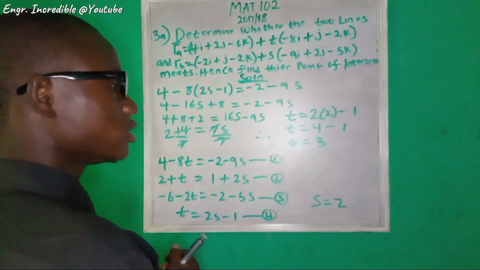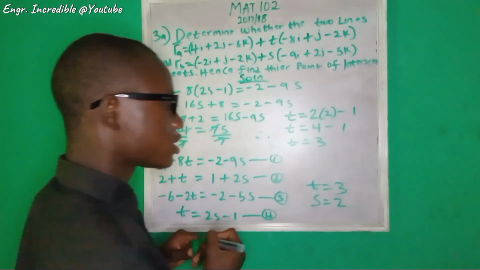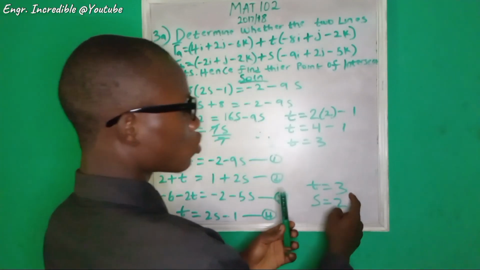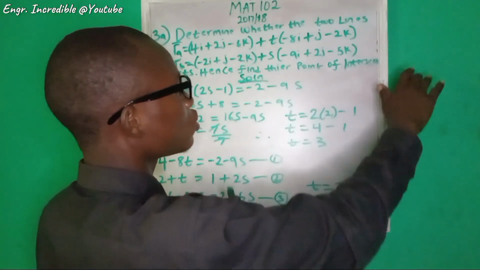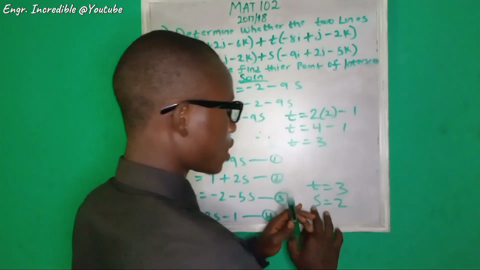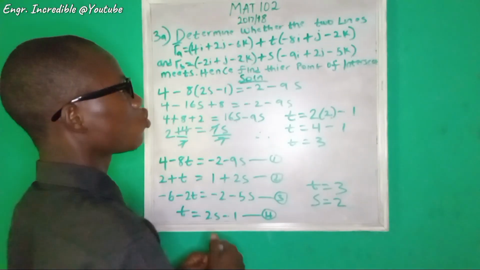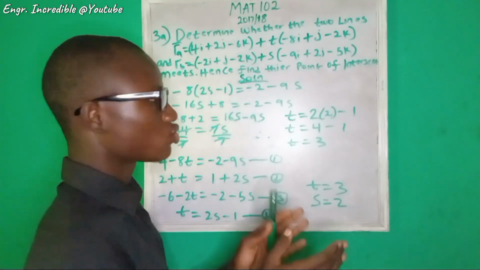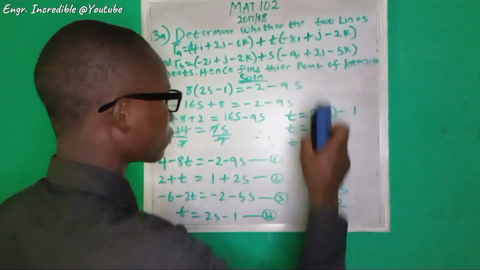So the meaning of this is that if you put t equals 3 into this equation, you are going to get the same result as when we put s equals 2 into this equation. So we are just going to pick any one of these equations and put in the value that matches with it.